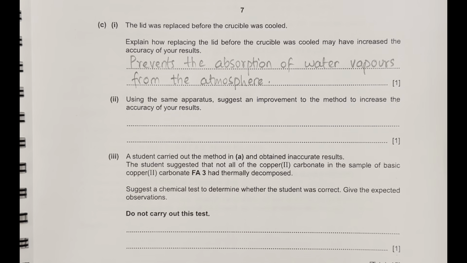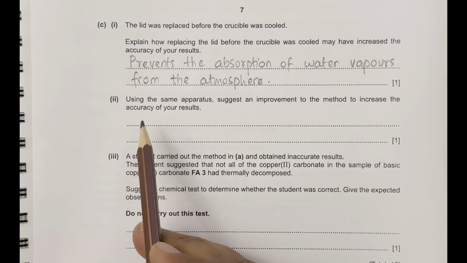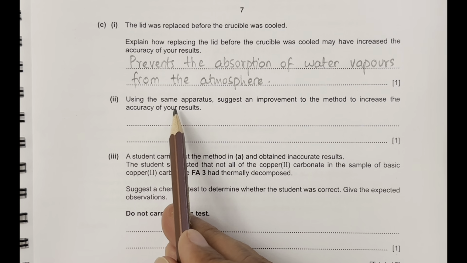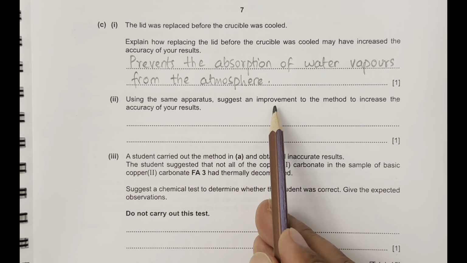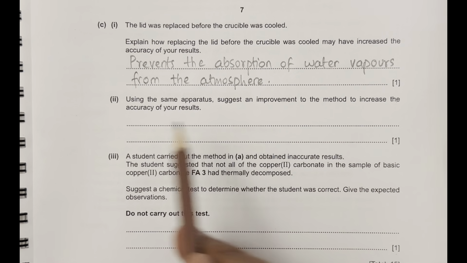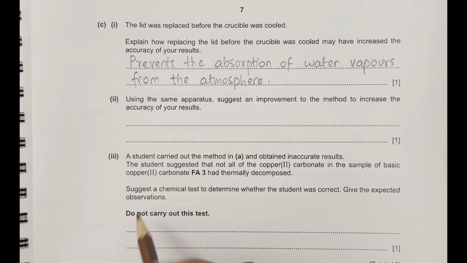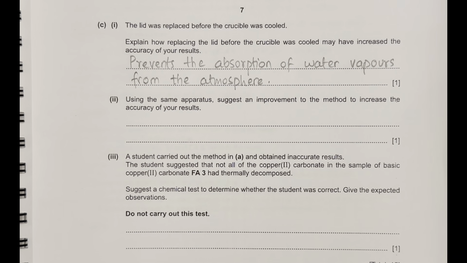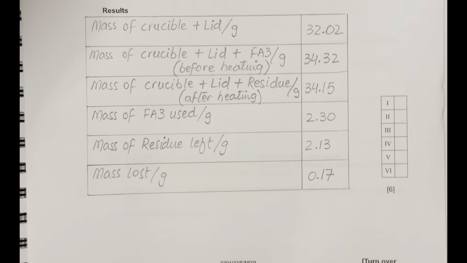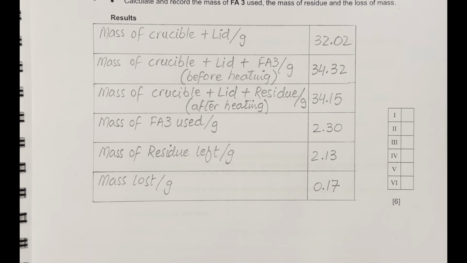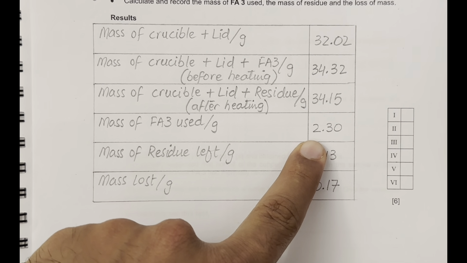For 1 mark. The next part says, using the same apparatus suggest an improvement to the method to increase the accuracy of your results. So now, if we look at the mass we have used in the previous part, the mass of FA3 used was 2.30.